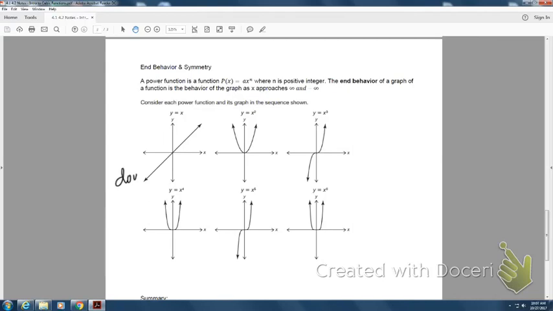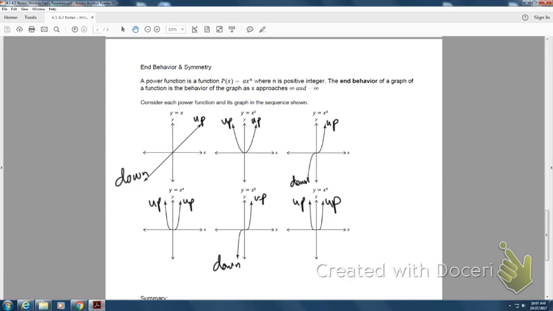Okay, down and up. X squared is going which two directions? Up and up. X cubed. Zach, x to the fourth. Hannah, Ray, x to the fifth. Down and up. Abby, x to the sixth. Up and up. Okay, pretty difficult stuff here.